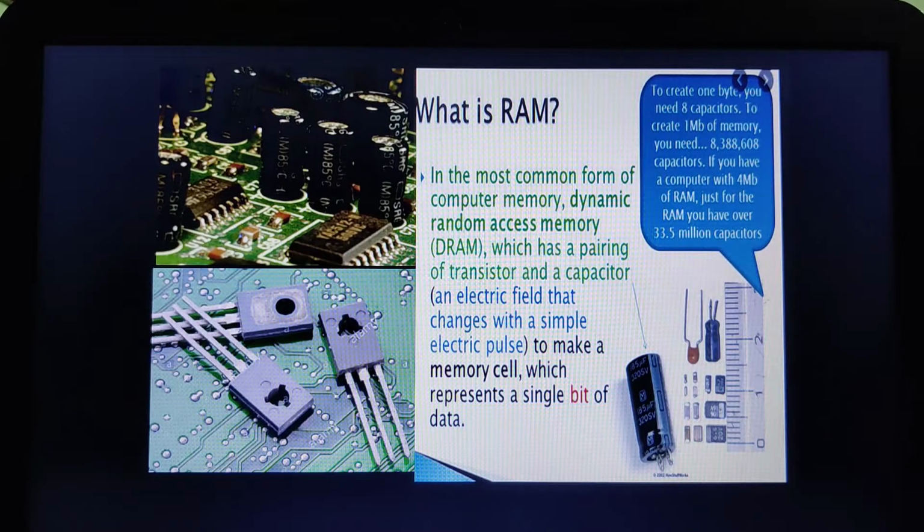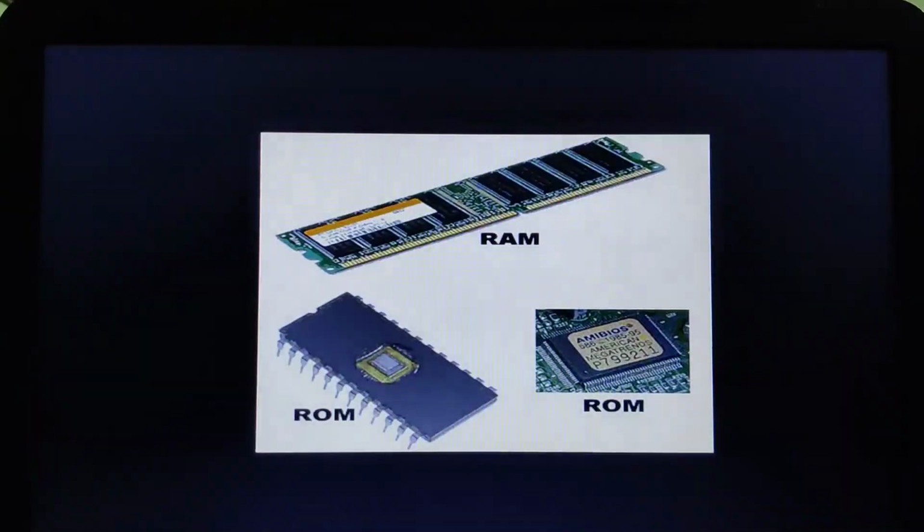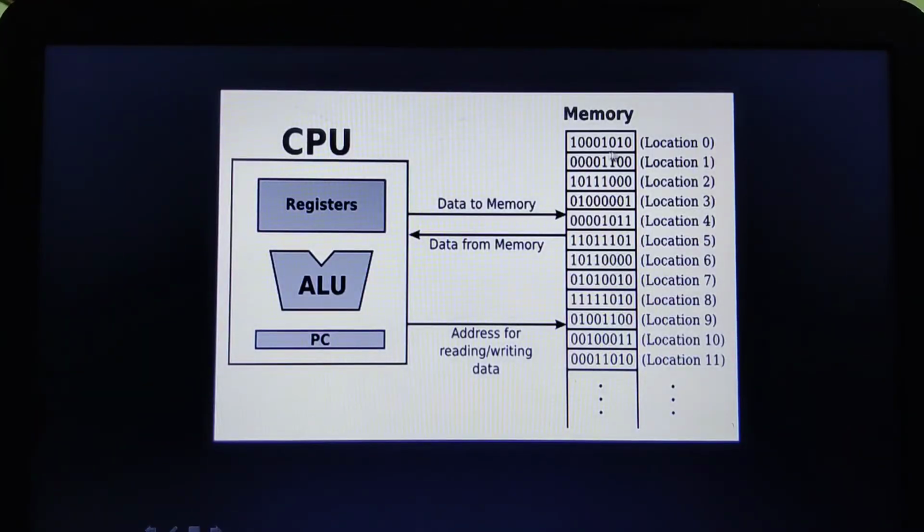In order to make one memory cell, we use the combination of transistors and capacitors, where the capacitors hold the data, whereas the transistors act as the switch that allows the control signals to read the data from the capacitors.